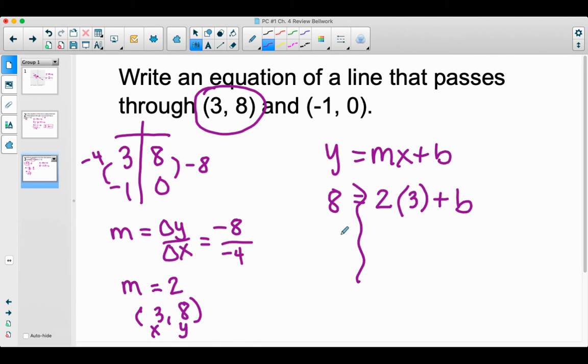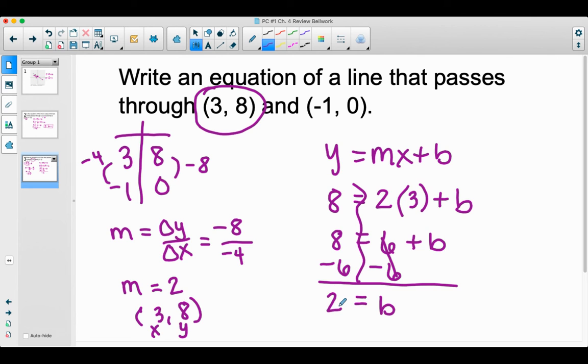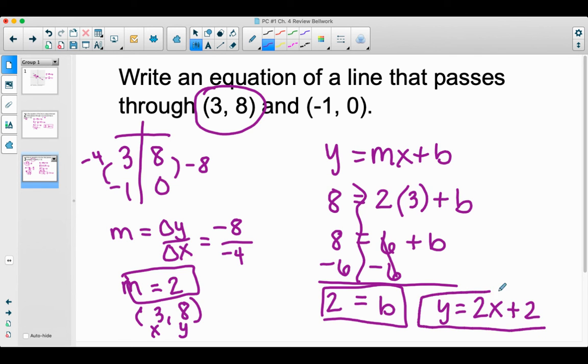And now we need to solve. 8 is equal to 2 times 3 is 6 plus b. Subtract 6 on both sides. The sixes cancel, and I get b is equal to 2. So my b is 2, and I found my m to also be 2. So when I write my equation, I have y equals, my m is 2, x plus my b is also 2. So there is my equation of my line given 2 points.